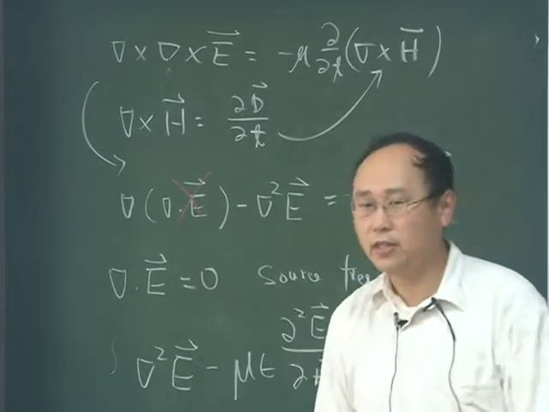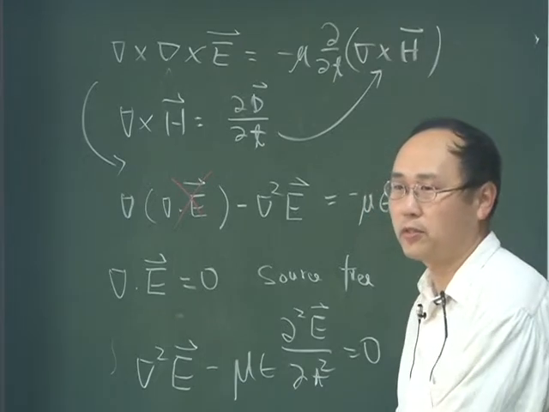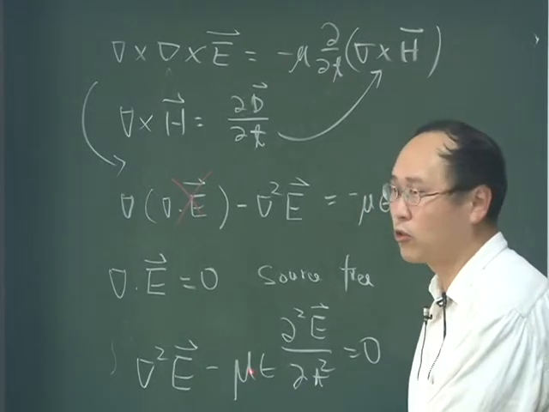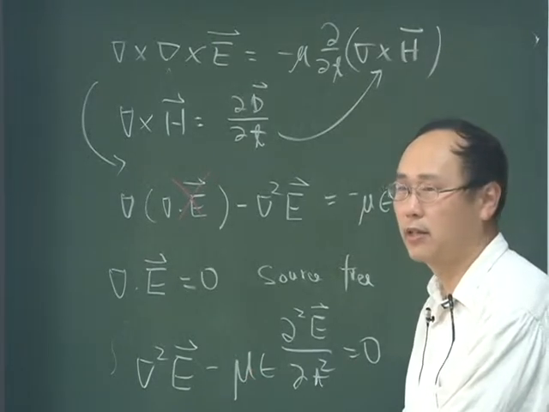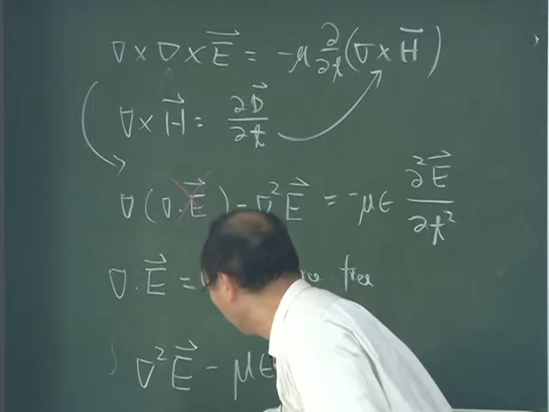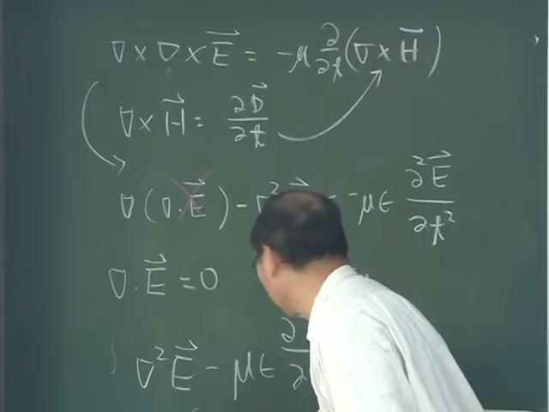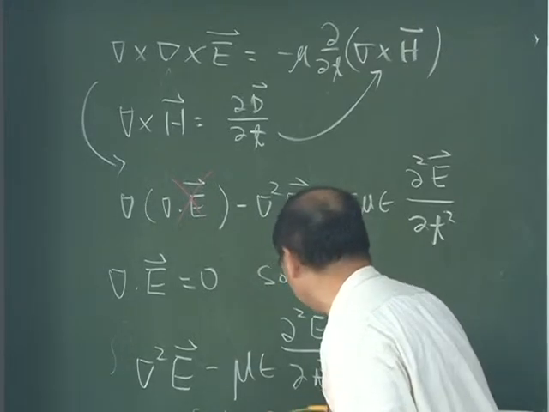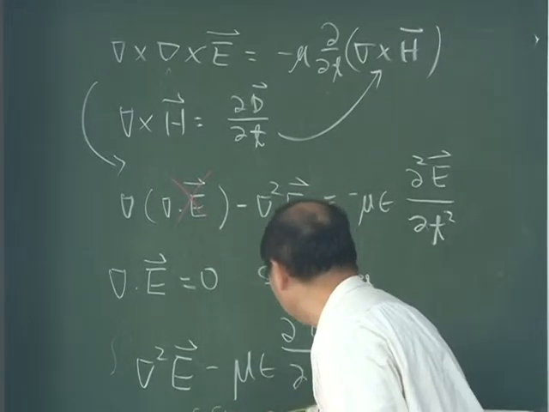Okay, and this is the equation you are familiar with from chapter 1. This is a wave equation. So this equation has a solution of the form t minus r square root mu epsilon.